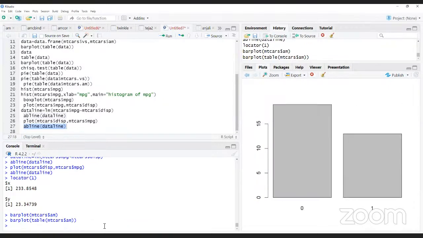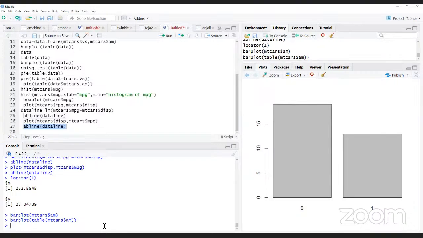Yeah. So now you can get the data. Okay. So this is the bar plot of the AM parameter. Mtcars has a few parameters and one parameter is AM.